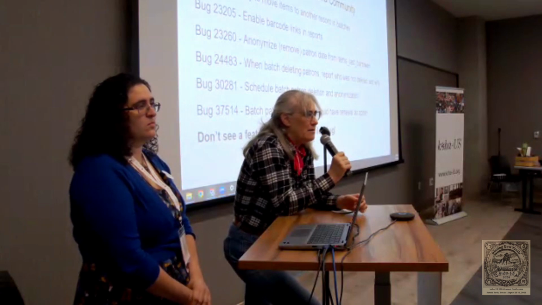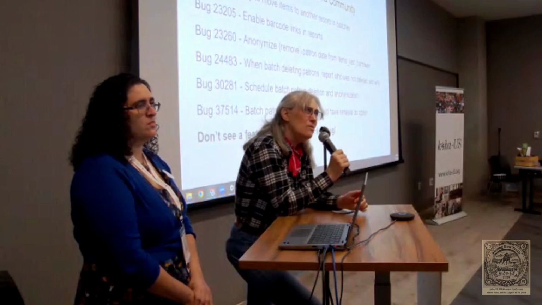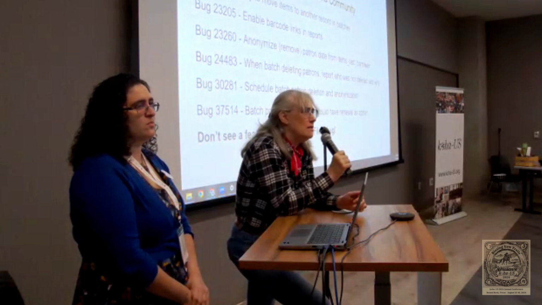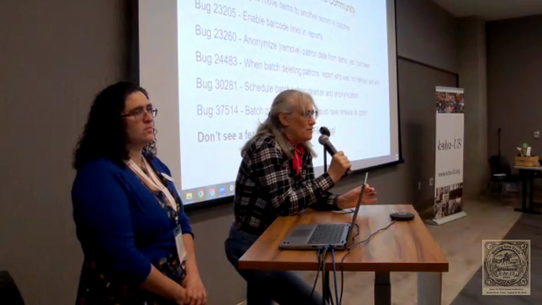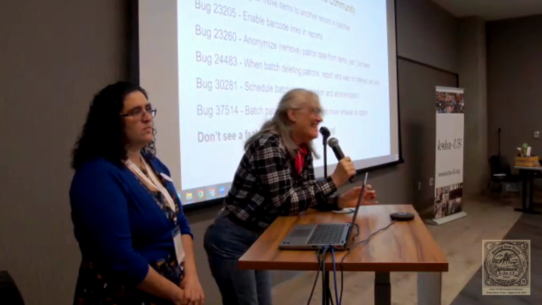And I think that's the same with items. No, if an item is moved to the deleted items table, I think it still is in the old issues table, I think. And my colleagues are probably watching and yelling at me.